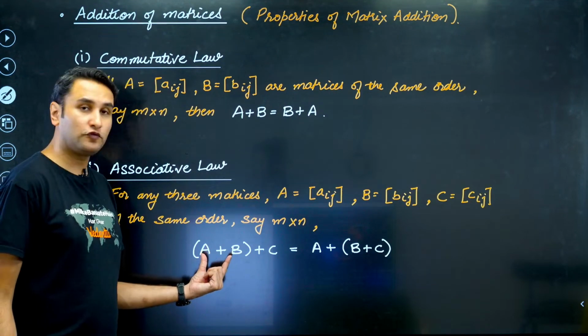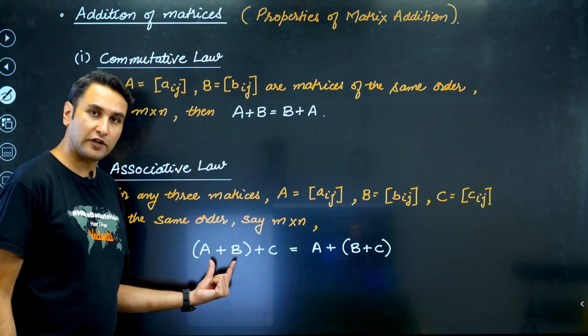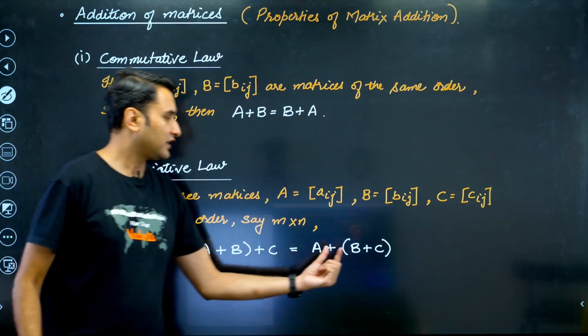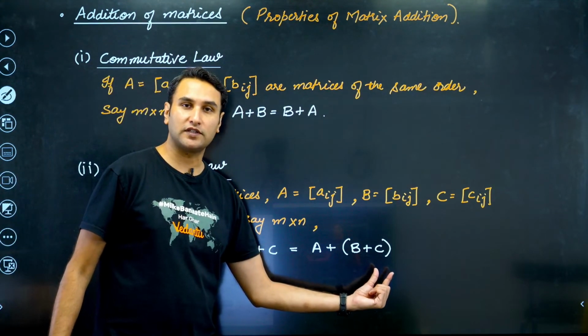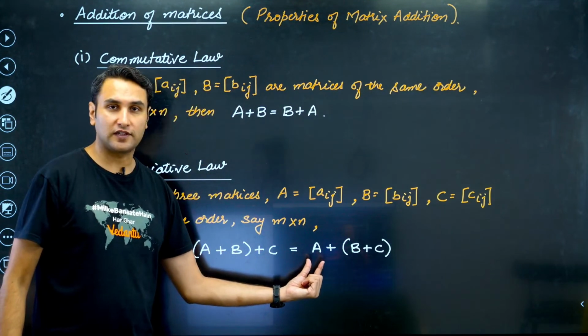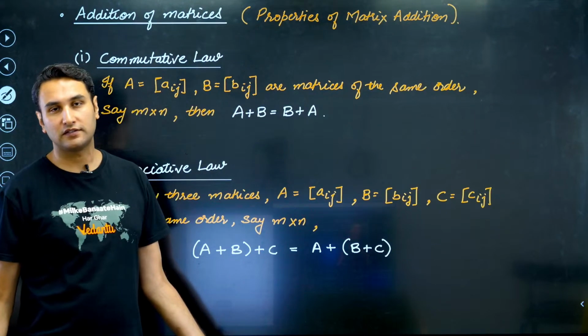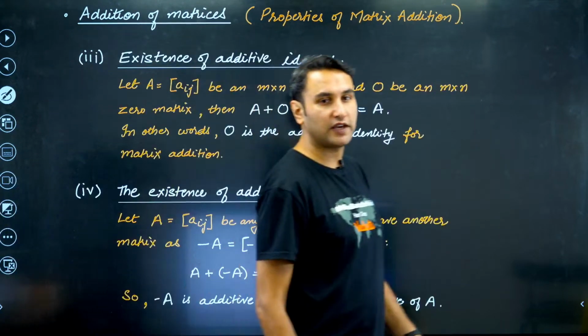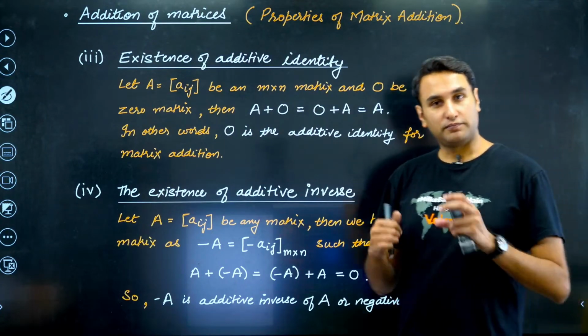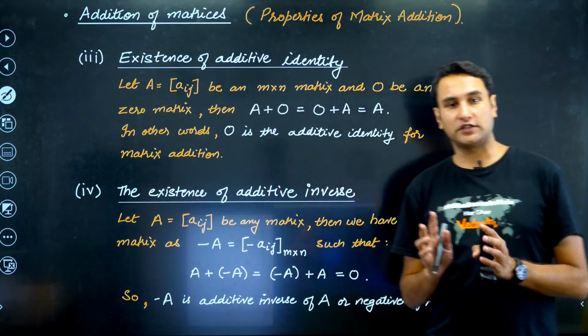So, you add these two first, find the matrix, add C to it. You will get the same answer as add B plus C matrix first, find the matrix, add it with the matrix A, you will get the same answer, right? So, it is commutative as well as associative, and as per the proper definition, two more definitions.